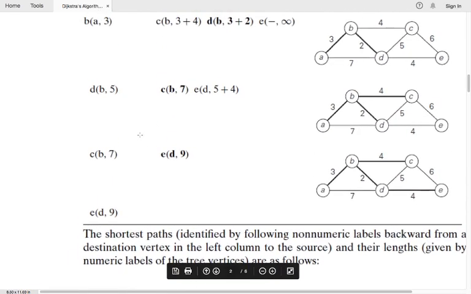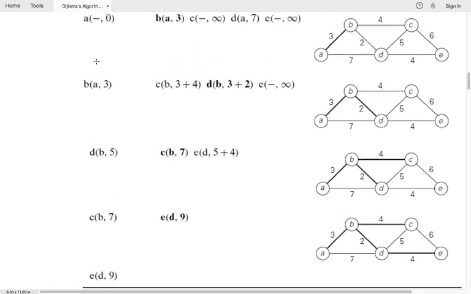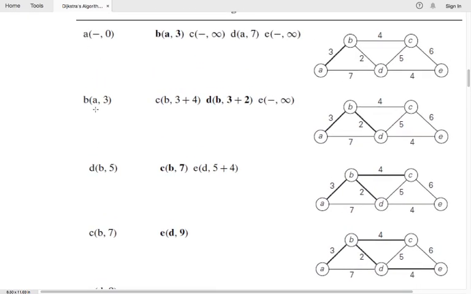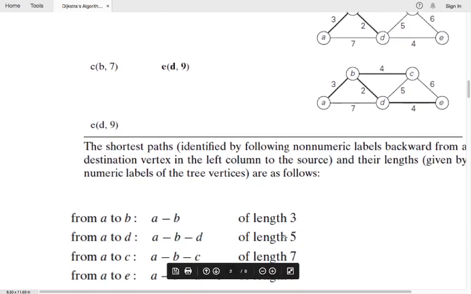Go to D. So D is what? D from B. Now go to B. B is from A. Go back to A. So you have A, B and D. So D to B, B to A. So the total cost is 5, ABD.